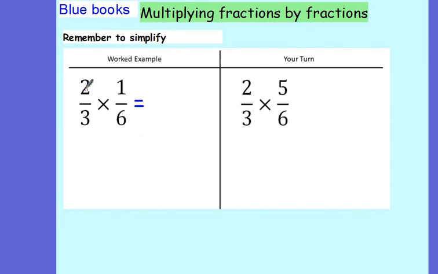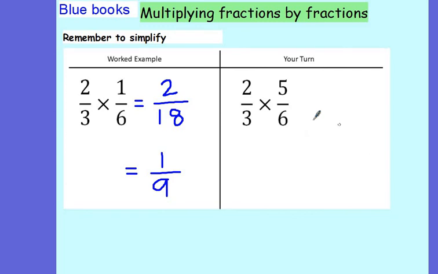So I need to multiply 2 times 1 for my example, which gives me 2 on the top, and 3 times 6 on the bottom, which gives me 18. And that's what we're doing when we're drawing these diagrams. We're multiplying our numerators and multiplying our denominators. I can simplify that by dividing top and bottom by 2, which will give me 1/9.